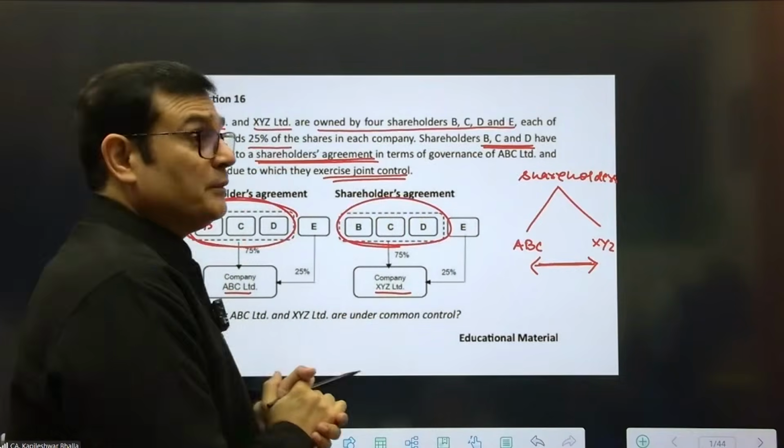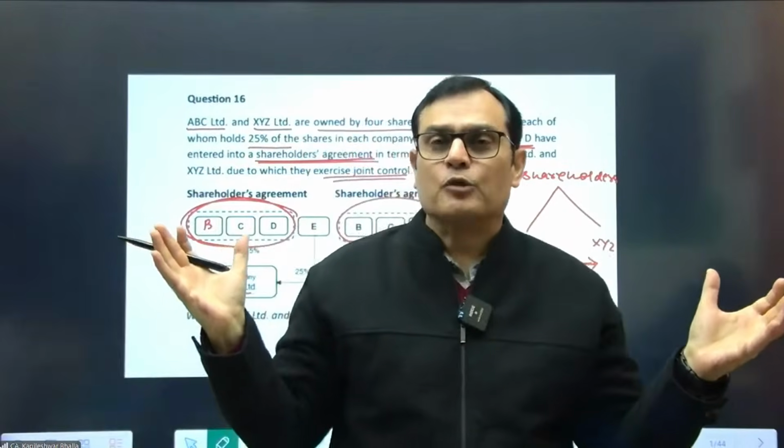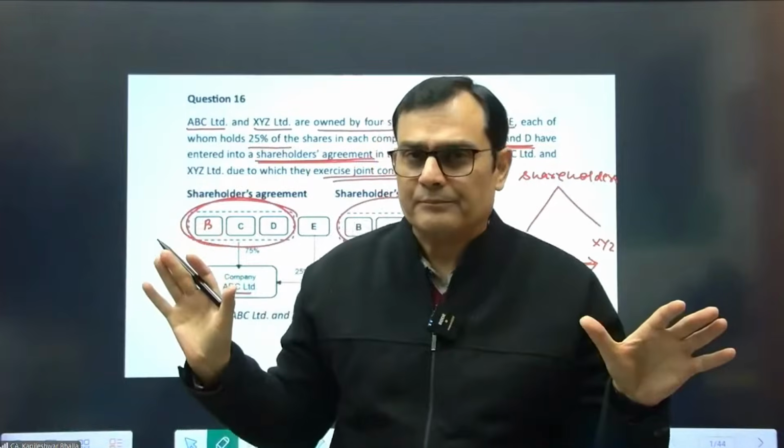Now, if you can prove to me that the joint control which BCD has on ABC and on XYZ is not something which occurred in the very recent past, if you can prove that this joint control has been there for quite some time, then I would say the common control transaction would apply.